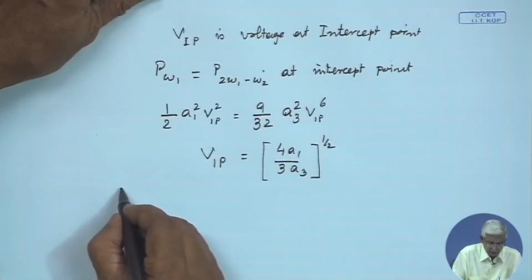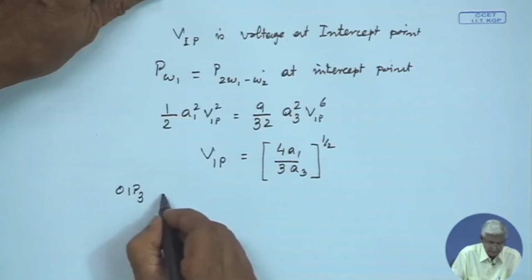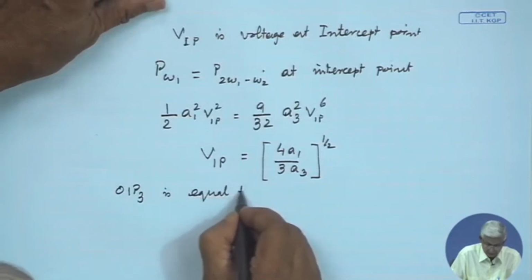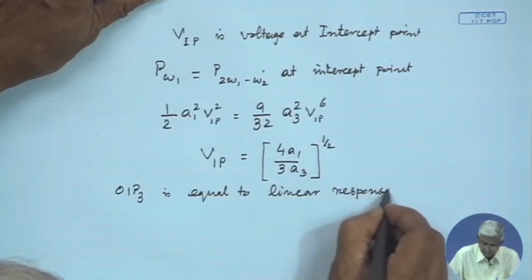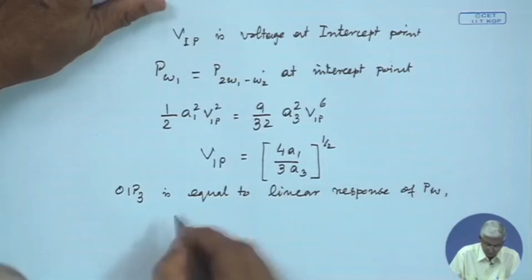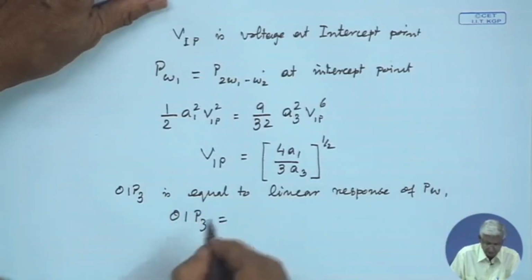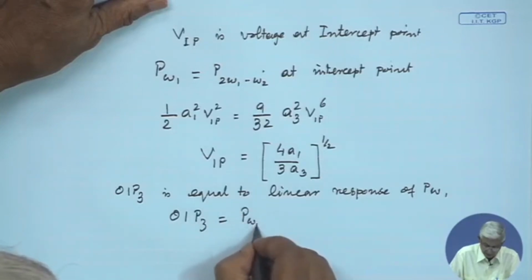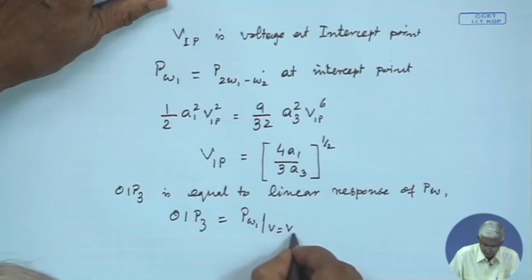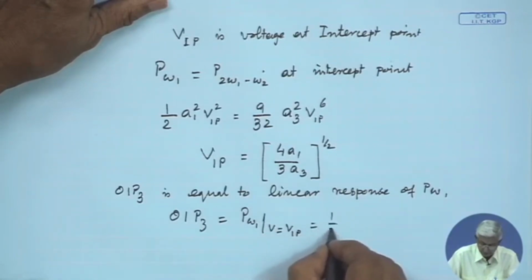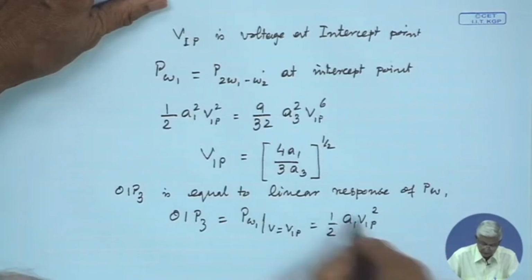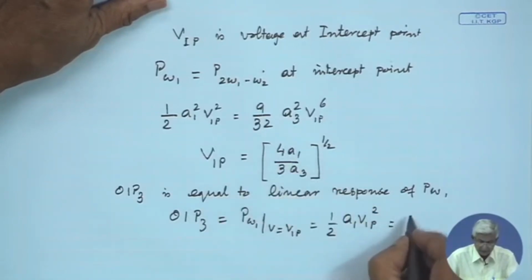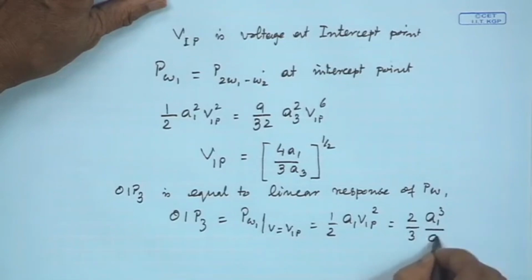Now, since OIP3 is the linear response of p omega 1, we can define OIP3 as p omega 1 at V equal to VIP, that will be equal to half of A1 VIP square, and if you put the VIP value here, then you will get 2 by 3 A1 cube by A3.